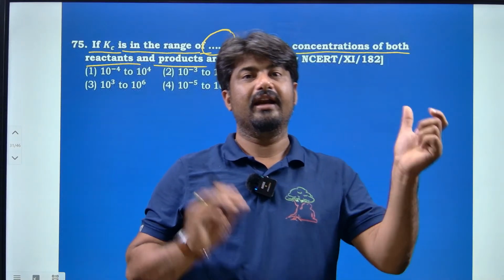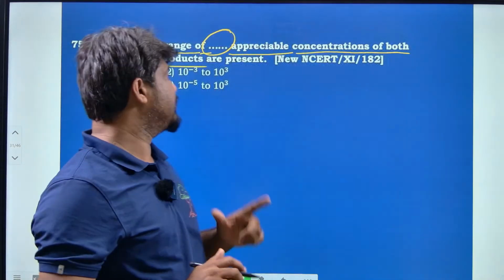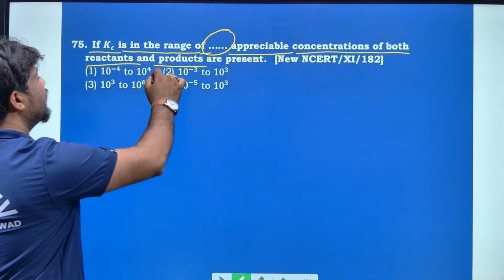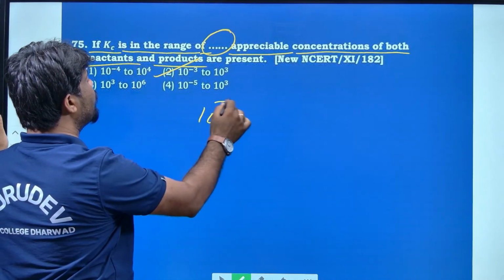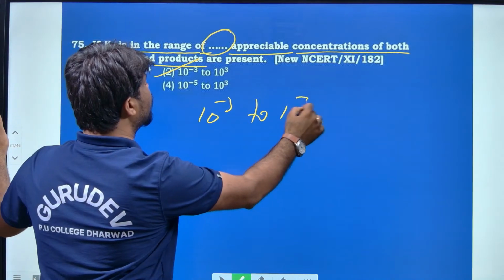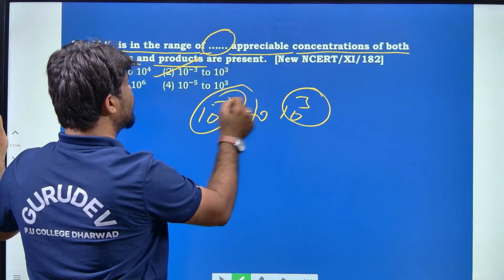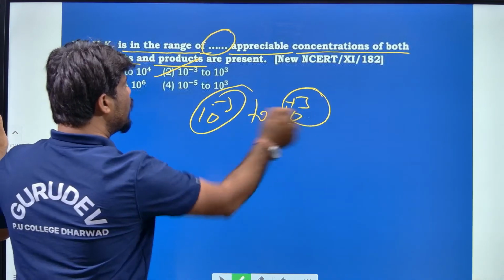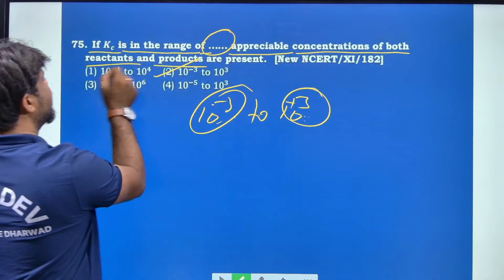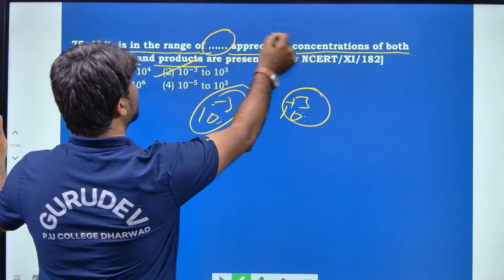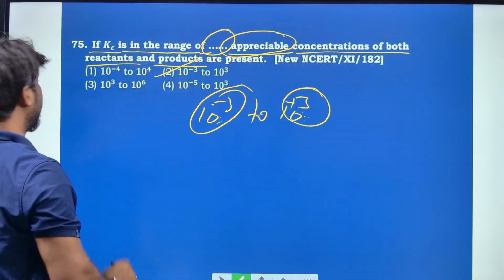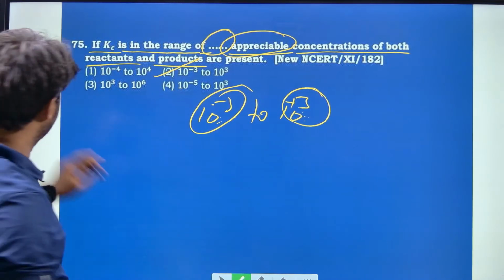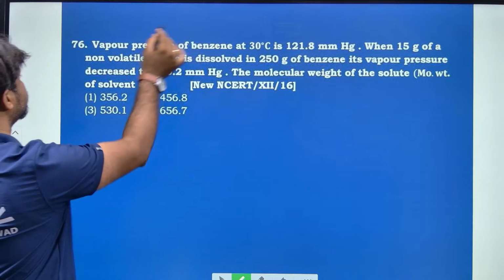That means the negative and positive powers should be the same. So among these, 10 to the power of minus 3 to 10 to the power of 3. Both sides the powers are the same, 10 to the power minus 3 and 10 to the power plus 3. So then only the concentration of the reactants and products are balanced or appreciable. So the right answer for the question is second. Well, go to the next problem then.